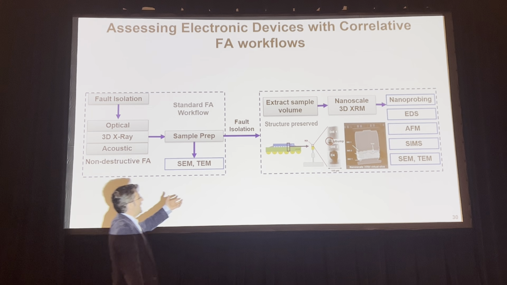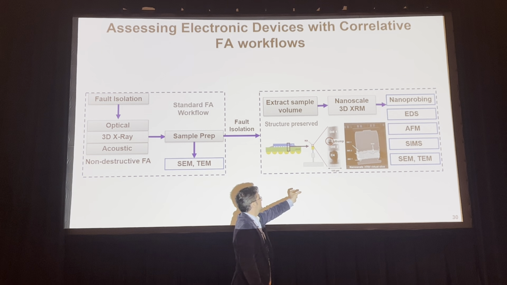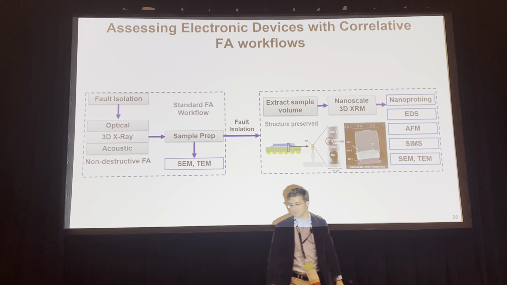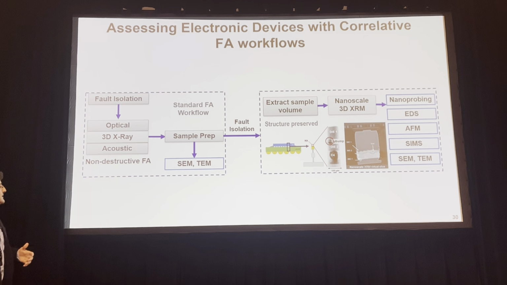And if you're still not happy with that, now that you know where the section of the device is isolated, you can do some cross-sectioning, and then you can go down the route of using FIB or SEM or any technique that gives way higher resolution than X-ray could give you.